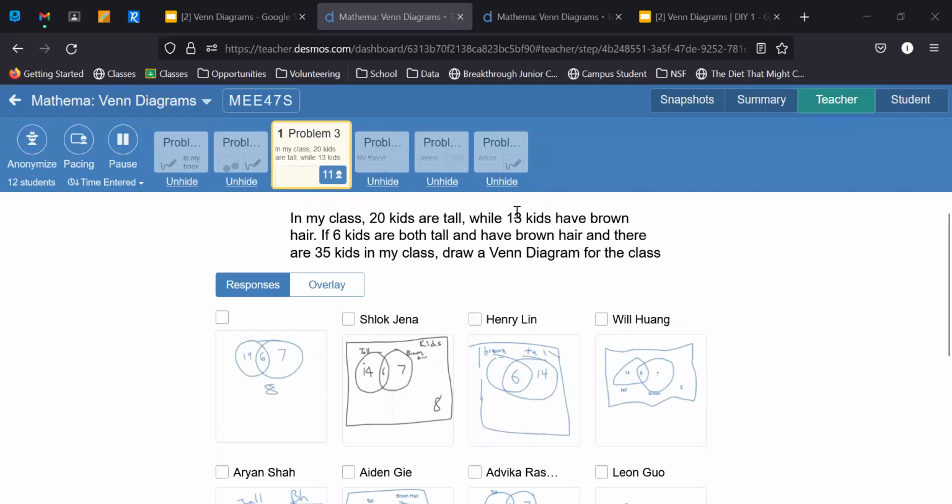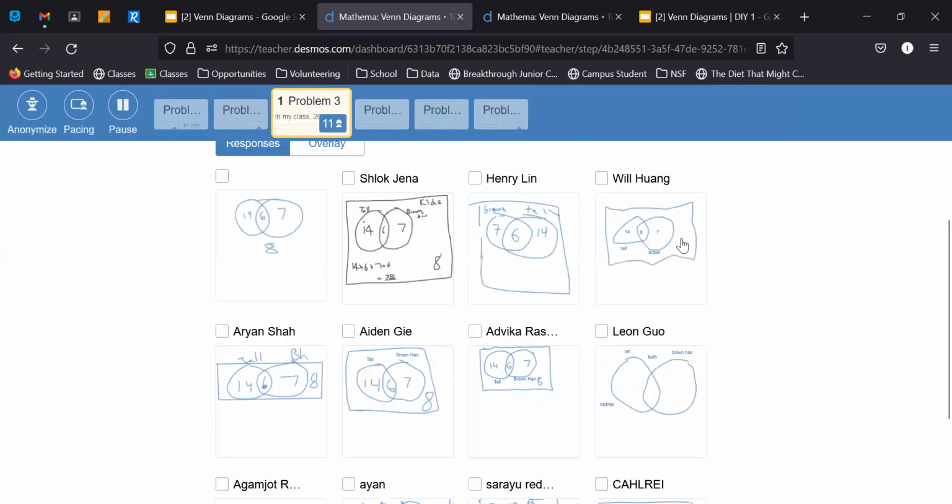Because if the 20 kids that are tall are only tall and the 13 kids that have brown hair only have brown hair, then the sum of 20, 13, and 6 would be greater than 35. And we know there are 35 kids in our class, and there aren't negative kids. So the math doesn't add up.